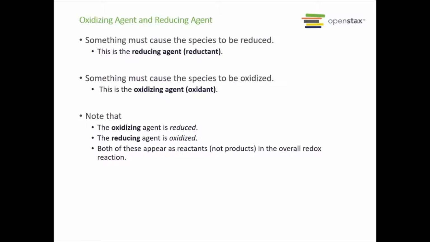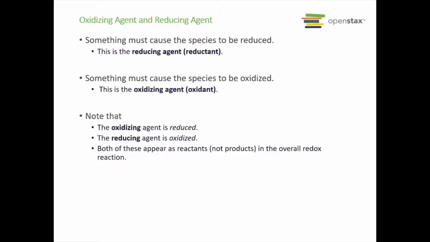We also introduced these concepts of the oxidizing and reducing agents. The species that causes the other species to be reduced is the reducing agent or the reductant. And something that causes the other species to be oxidized is the oxidizing agent or oxidant.